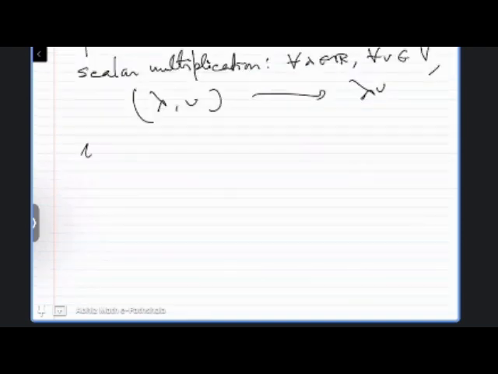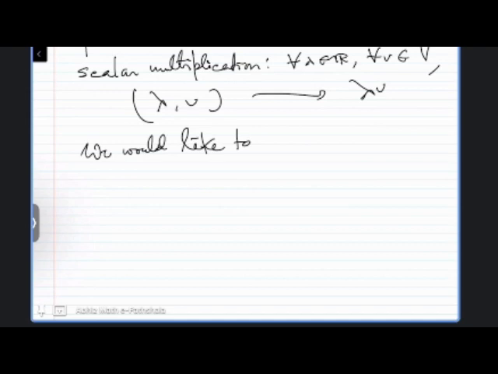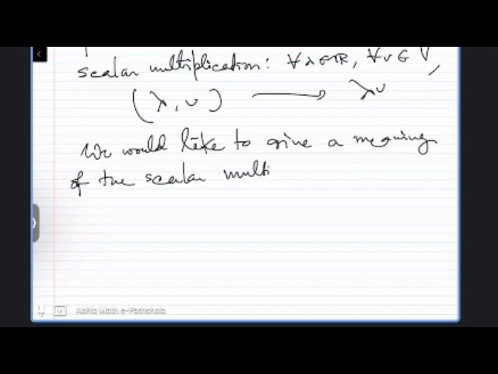We would like to give a meaning to the scalar multiplication with respect to the field of complex numbers.